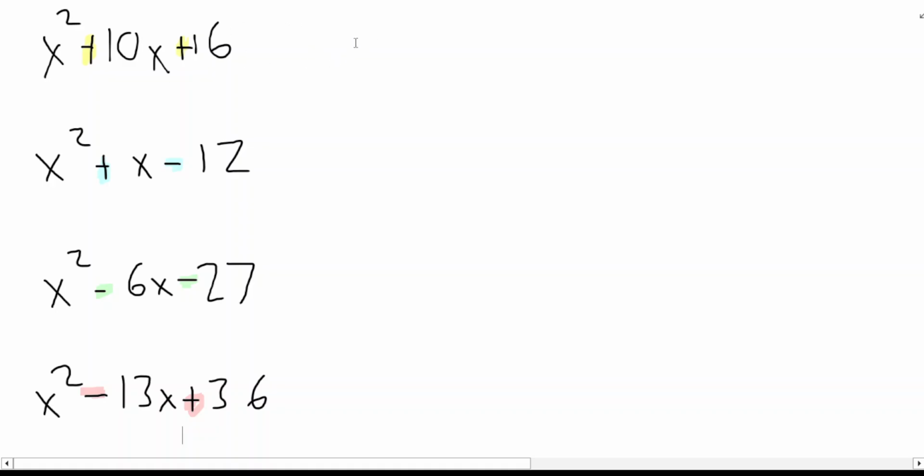When you notice that the second number is positive and the third number is positive, I guarantee you that both factors are positive. And I can show this when we actually factor this expression. So we need to find two numbers that multiply to 16 and add to 10.